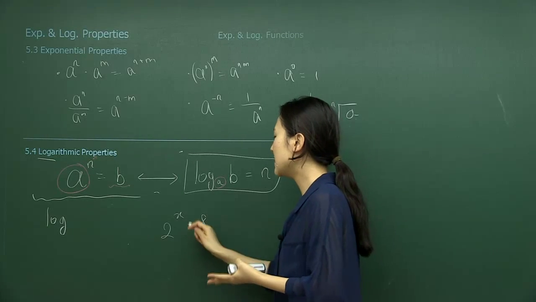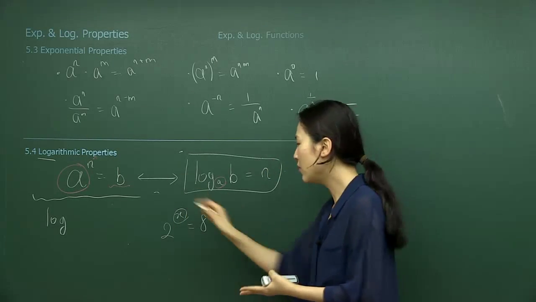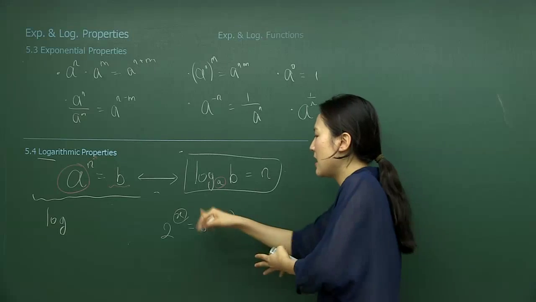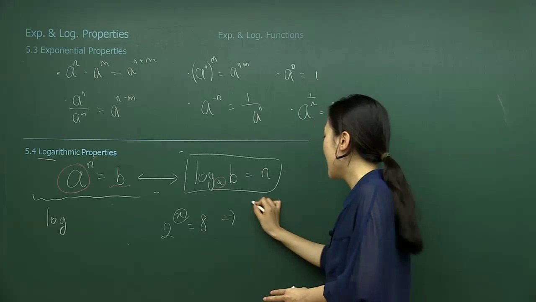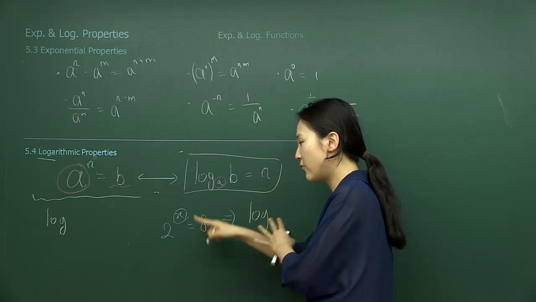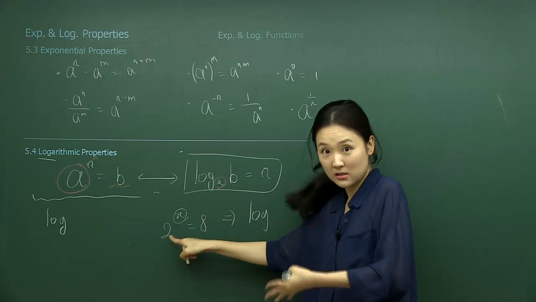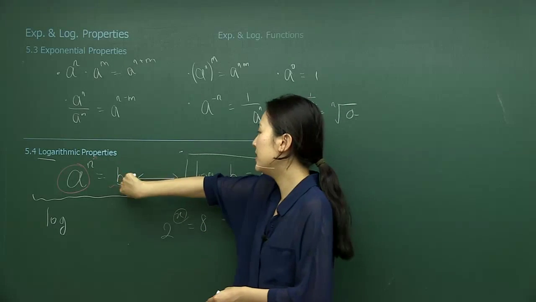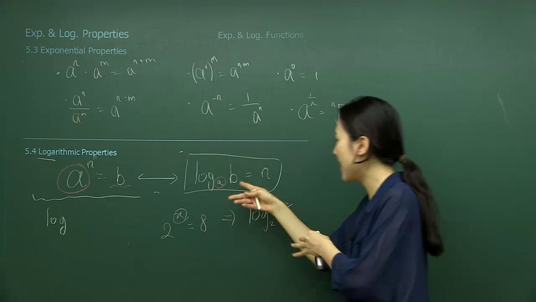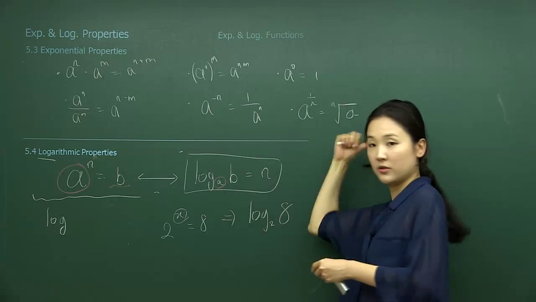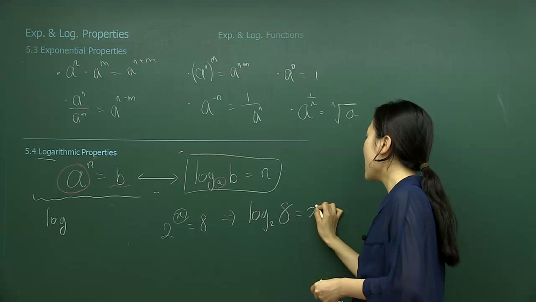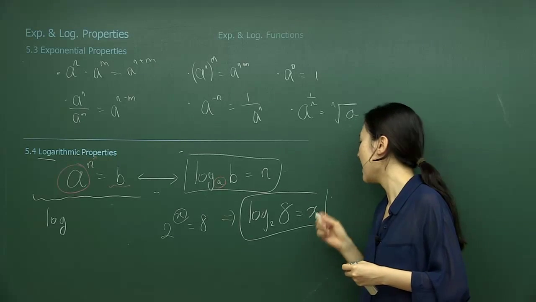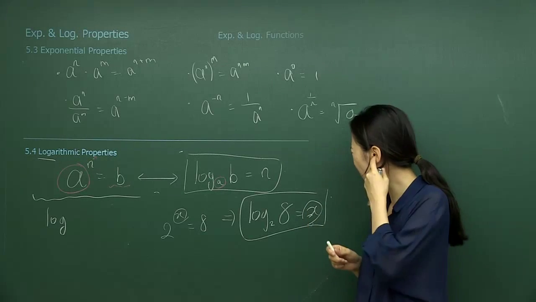If you want to solve for x, you may just change the format. We are not changing the number, we are just changing the format. We write 2, the base is still the base, and put 8 next to the base. You swap these two around: the value goes next to the base, the exponent goes to the other side, hence you put x on the other side and solve for x.